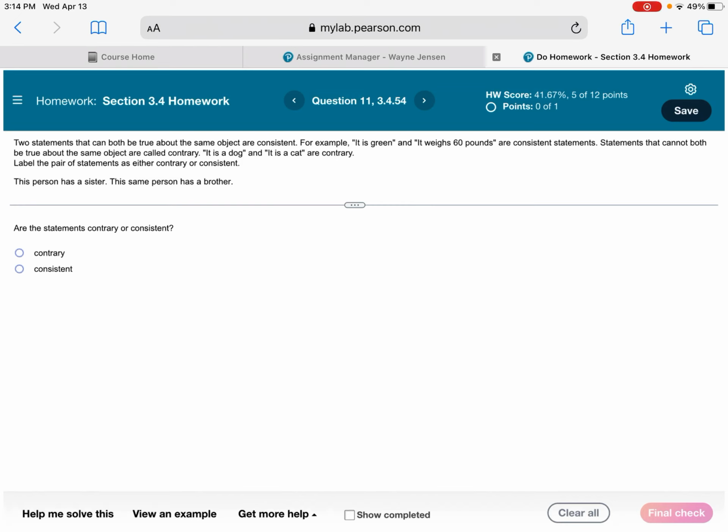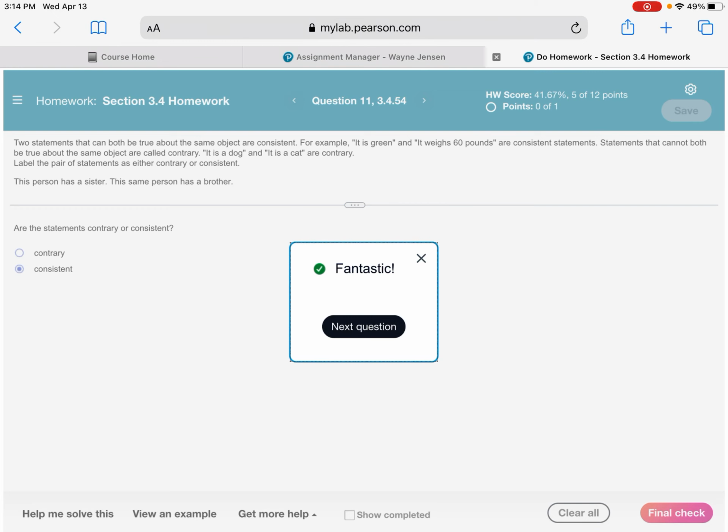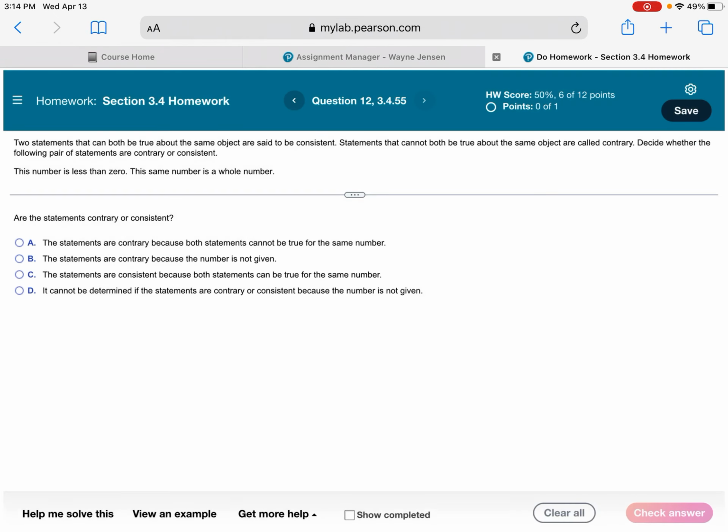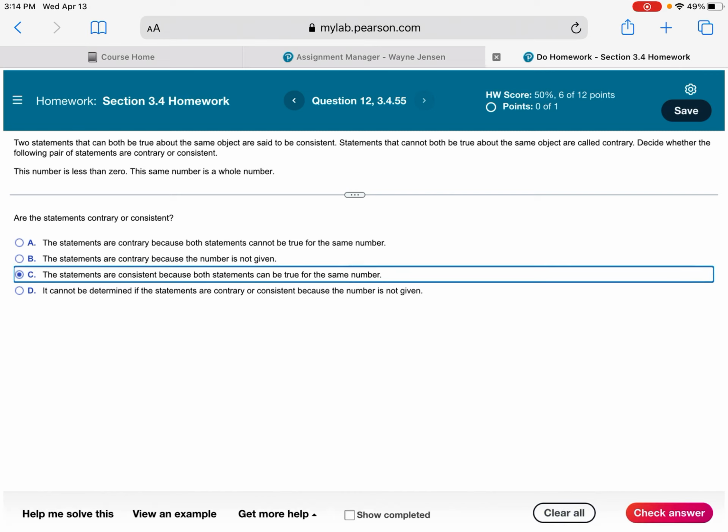The person has a sister. The same person has a brother. Could those happen at the same time? Yes, those could be consistent. I think that would be the idea there. It's just if they couldn't happen at all. So I don't feel as bad. The number is less than 0. The number is a whole number.